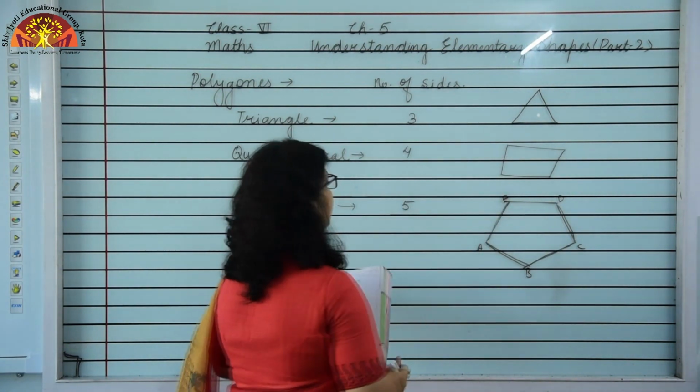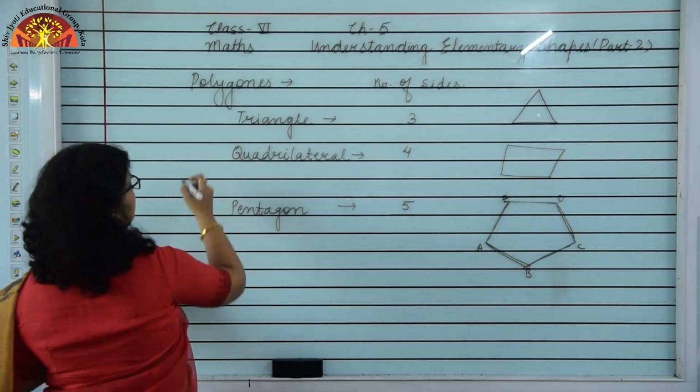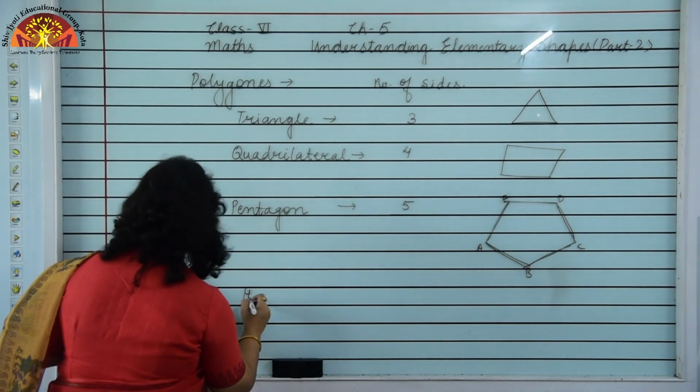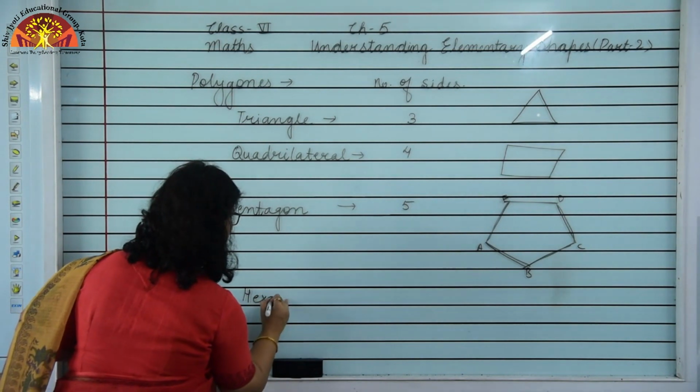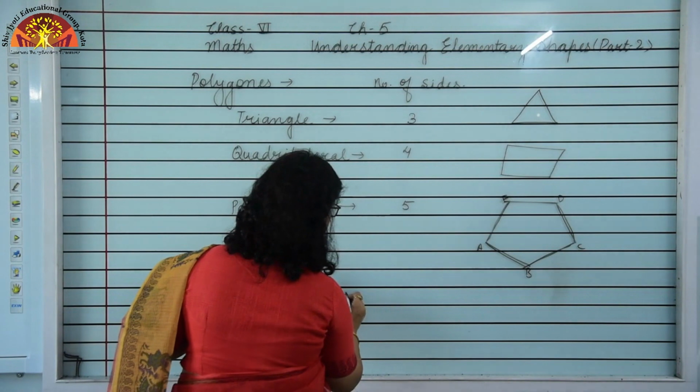So in a pentagon we have 5 sides, and in a hexagon we have 6 sides.